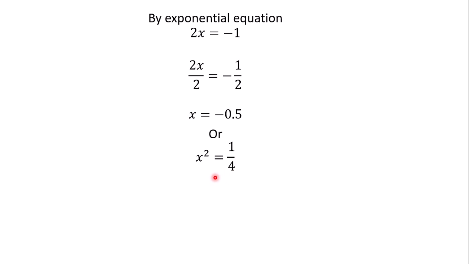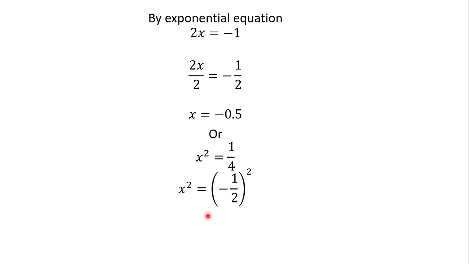So, x squared is equal to minus 1 over 2 all squared. Now, since the powers are the same, we just equate the base. So x is equated to minus 1 over 2, which is the same as minus 0.5.